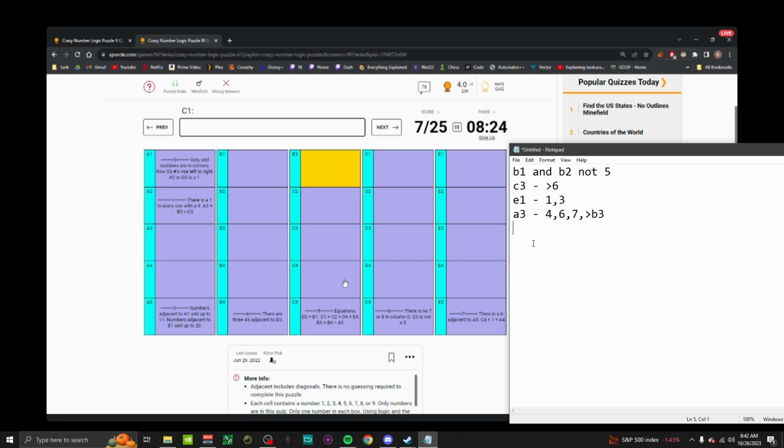Yes, that's a 5. But it's C4 plus 1 equals A4, which means the only way A4 can be the 6 that surrounds A5 is if C4 is the 5 that is 1 minus A4. That didn't really make a whole lot of sense. You follow me? I followed you the first time really well. Now I'm completely lost.